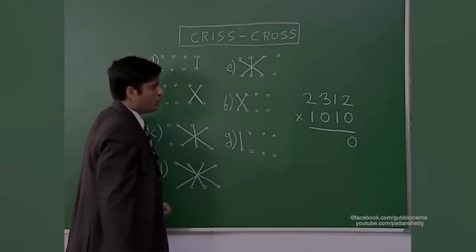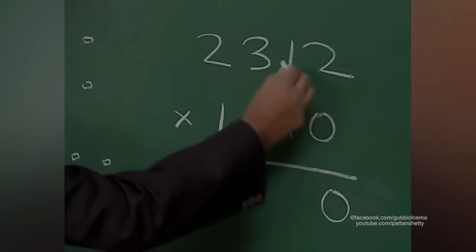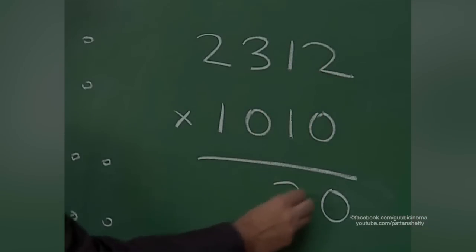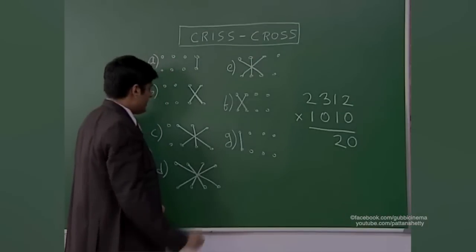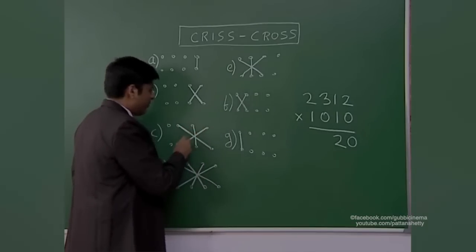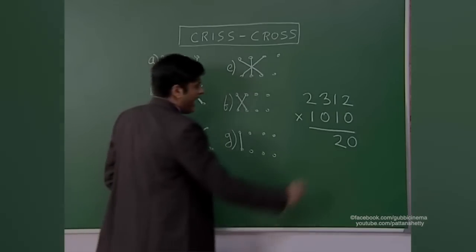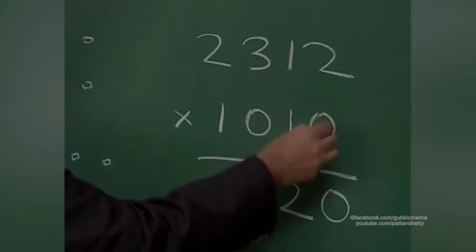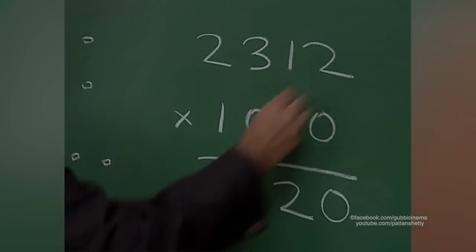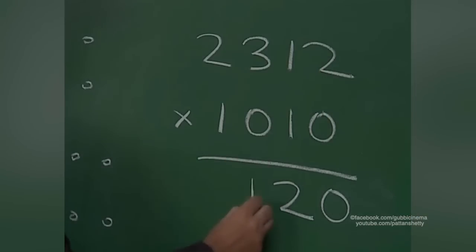We will add both the answers. 0 plus 2, 2. Step C says multiply this, this and this. So we have 0 plus 1 plus 0, that is 1.